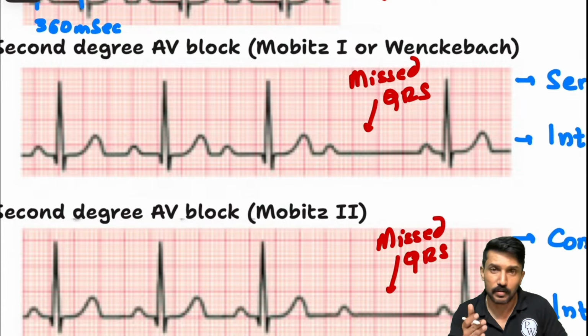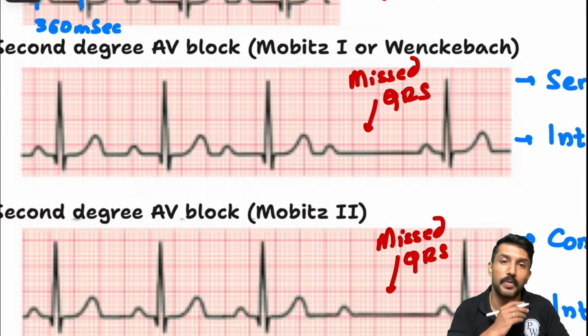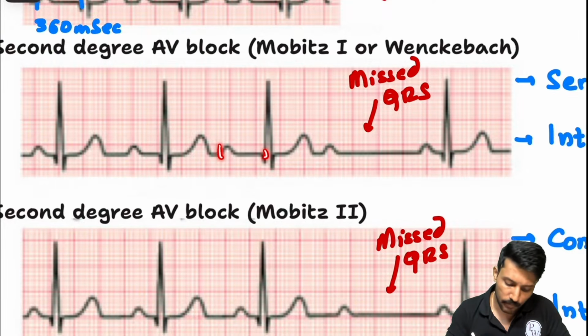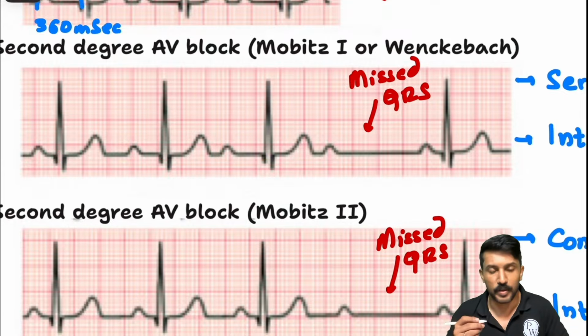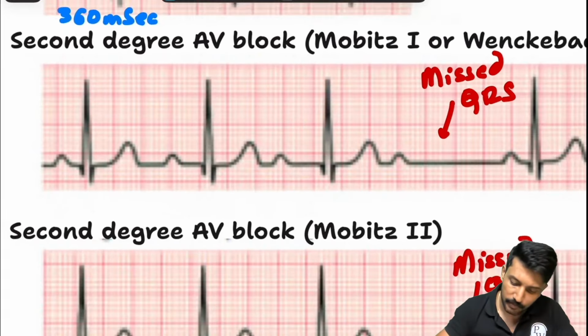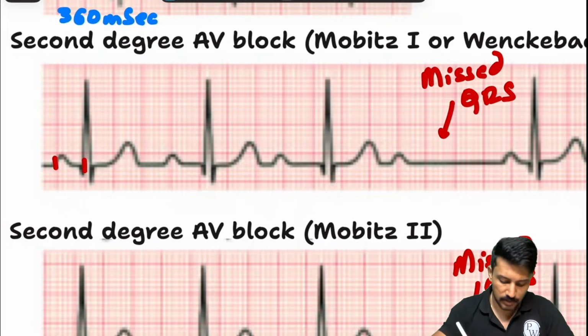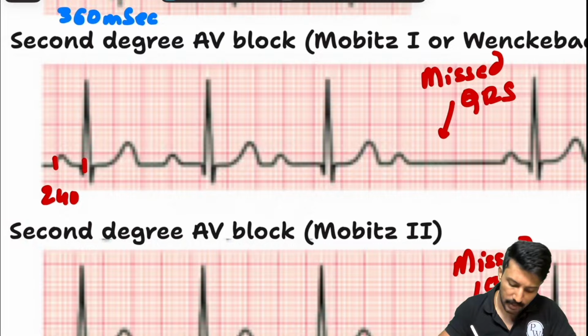Once I encounter missed QRS, behind that I should see what is happening to the PR interval. If the PR interval appears to be serially increasing till a QRS gets missed, then it is Mobitz type 1. As you see here, if I label the PR interval, you can clearly see that it was serially prolonging. Here it is taking 6 small boxes, that means 240 milliseconds.